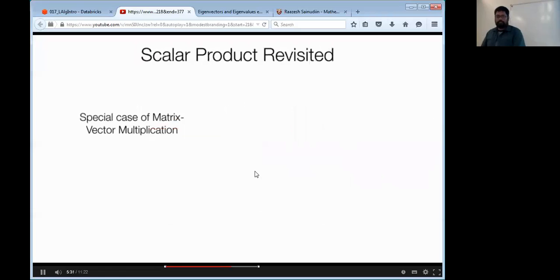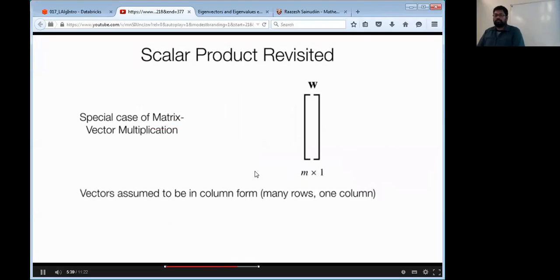Now that we've defined matrix vector products, we can revisit or reinterpret the scalar product as a special case of a matrix vector multiplication. In particular, recall that we assume that vectors are always in column form, so that an n-dimensional vector can be represented as having many rows in one column, or that it's an n by 1 vector.